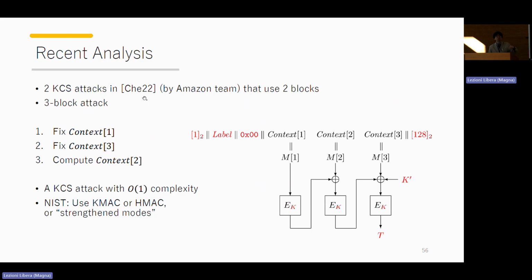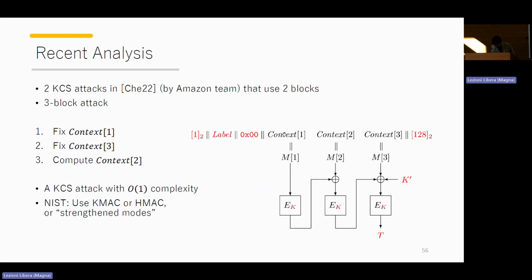There are 2 attacks described in the NIST standard document. They were originally proposed by a team from Amazon that used 2 blocks, but here I describe an attack with 3 blocks for simplicity. It's much simpler. What we want to do is that all these red values are given to the adversary, and we want to come up with context 1, 2, and 3 that are consistent with all these red values. And this can be easily done.